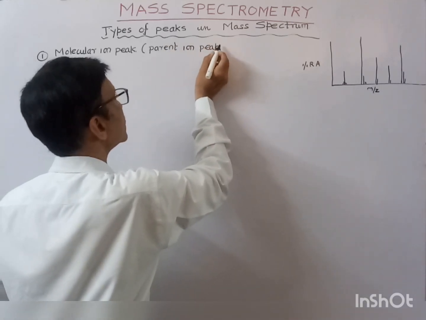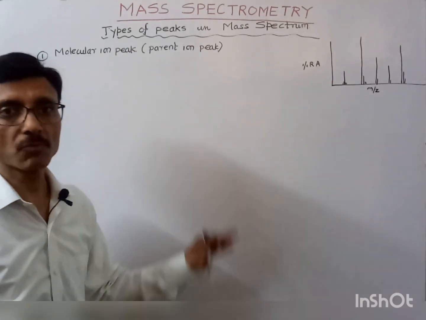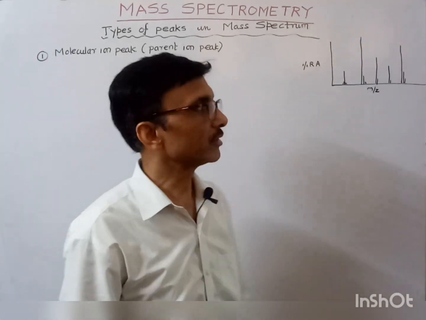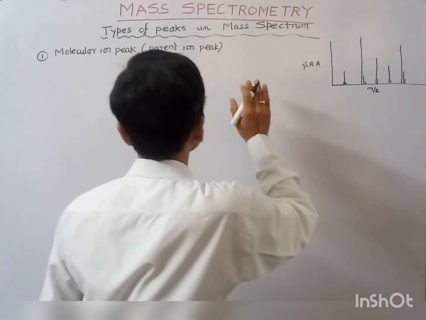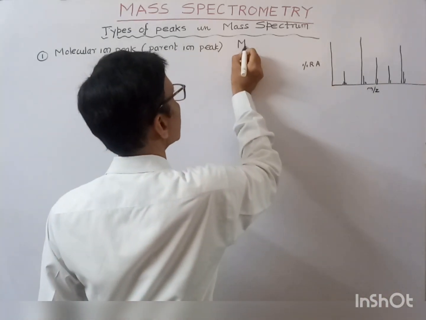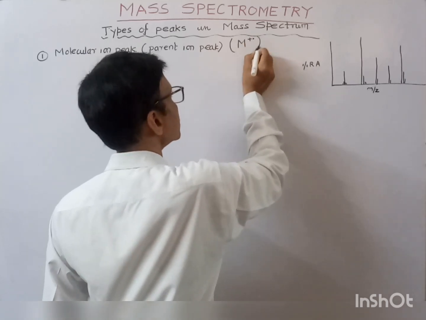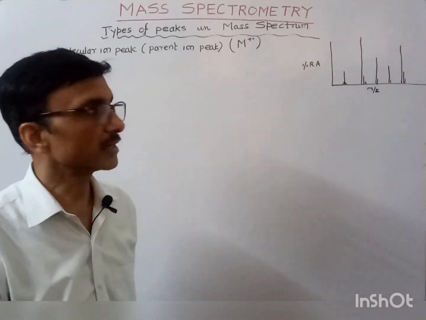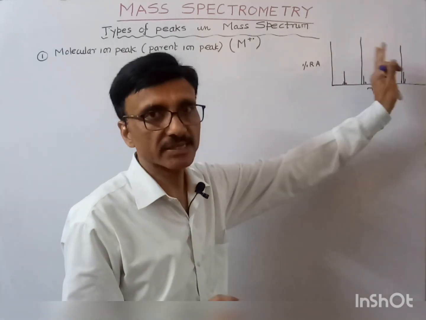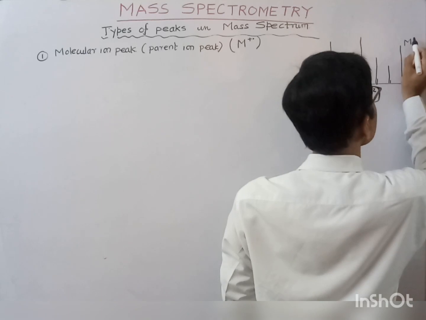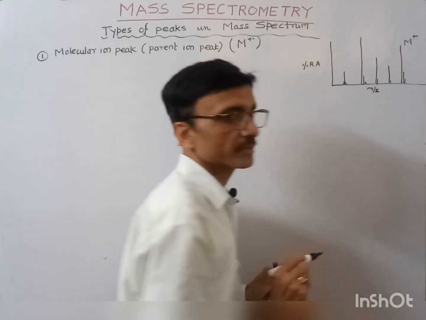Now if you see this mass spectrum, this molecular ion peak would be present at the extreme right corner. We represent this molecular ion peak like this, as a radical cation. So this peak, which is at the extreme right corner of this mass spectrum, is our molecular ion peak.